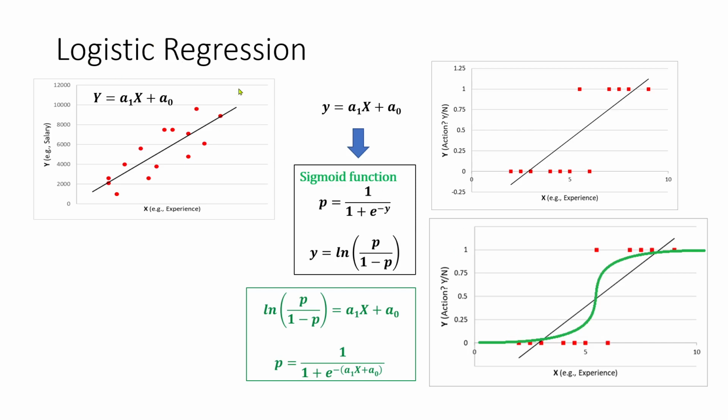The idea of logistic regression is that we use this intermediary function. Instead of predicting y directly from x, we are going to predict this probability. So we have a sigmoid function, and it's going to establish a relationship between the outcome that we're actually interested in and this probability.